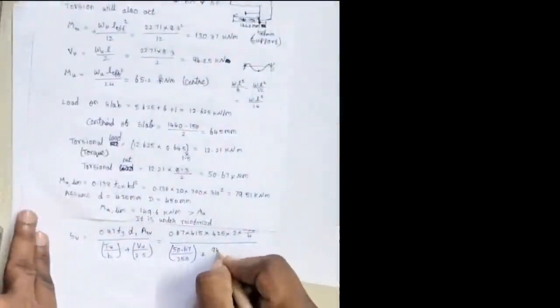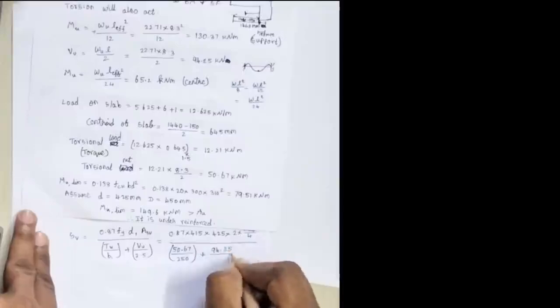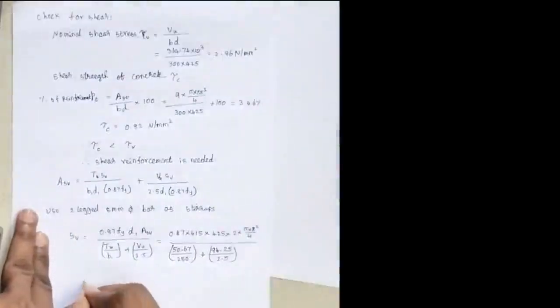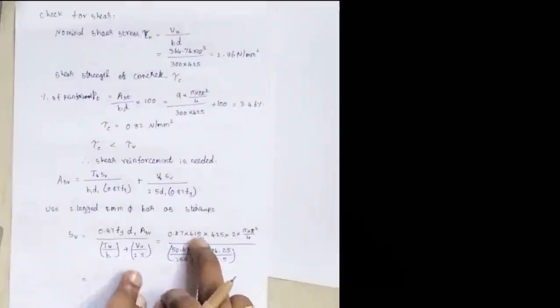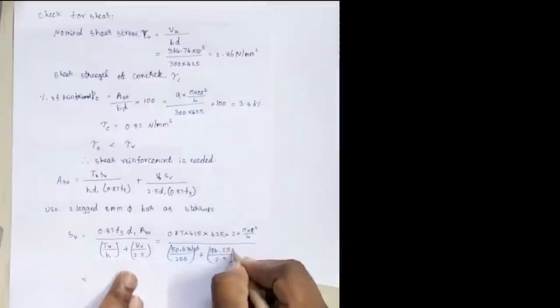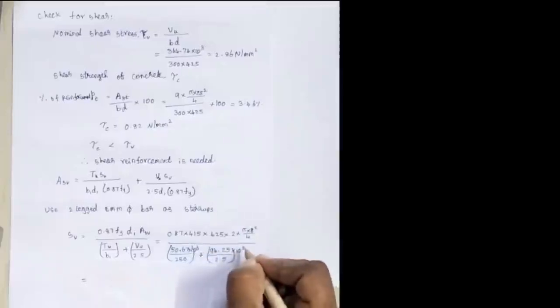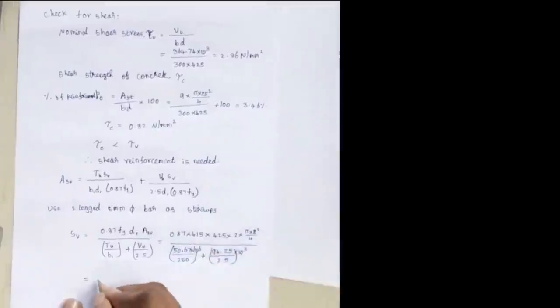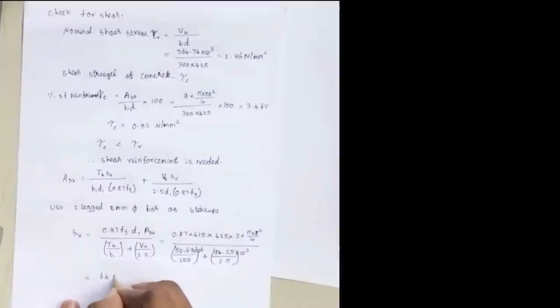So 94.25 divided by 2.5. Here the units are Newton per mm square and kilonewton meter, so into 10 to the power 6 here and into 10 to the power 3 there. If you substitute this, we are getting the value as 64.2 mm.